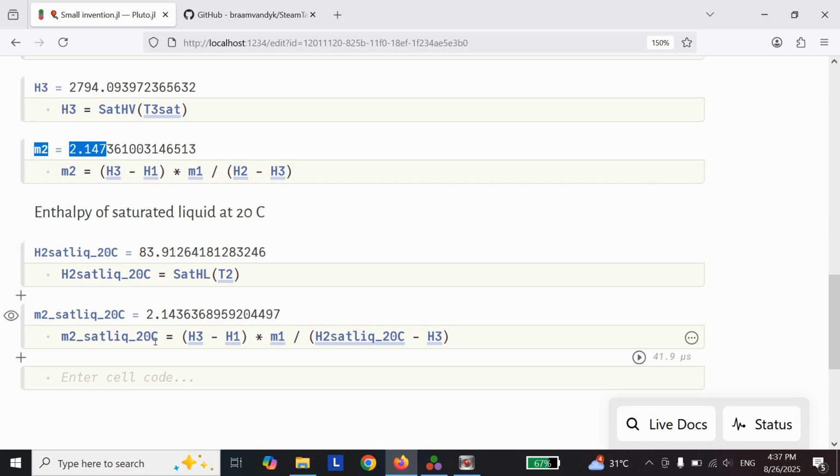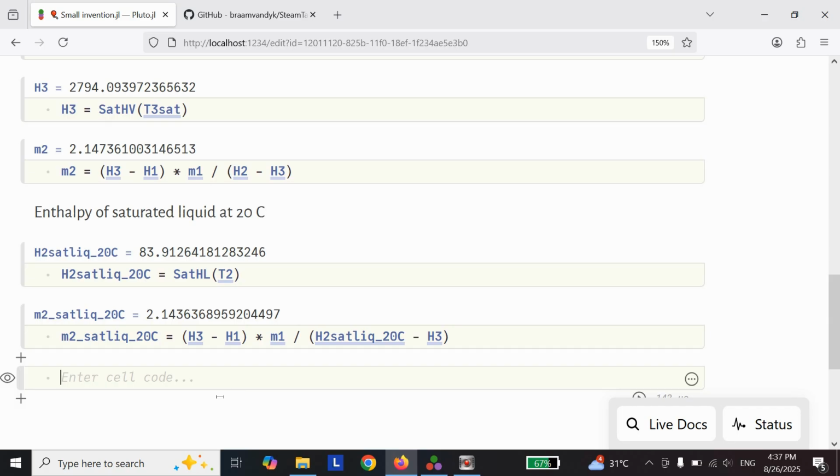If we make the approximation using the enthalpy of saturated liquid at 20 degrees Celsius, the result is approximately the same. So that's why when we do the calculation manually, it is okay to use the enthalpy of saturated liquid instead of the enthalpy of subcooled liquid, as long as we use the same temperature.